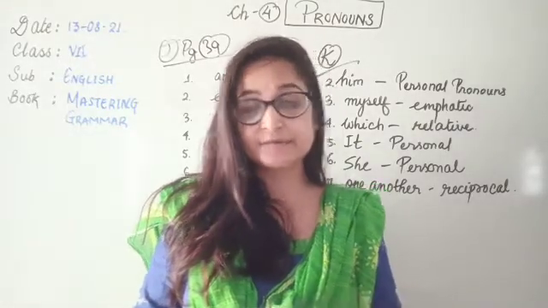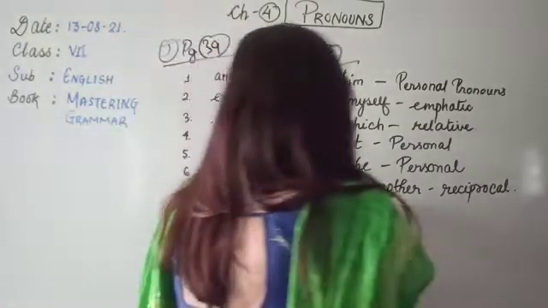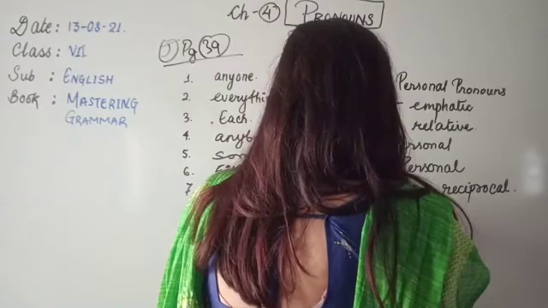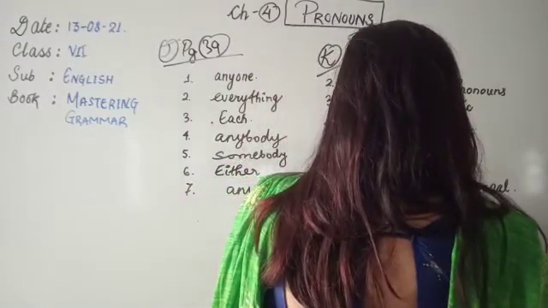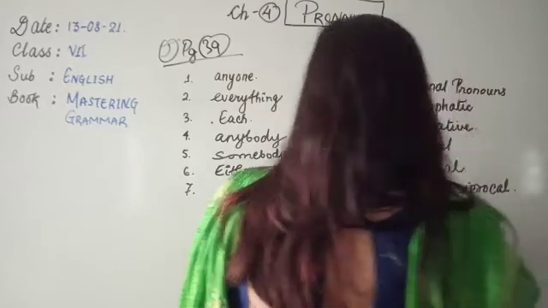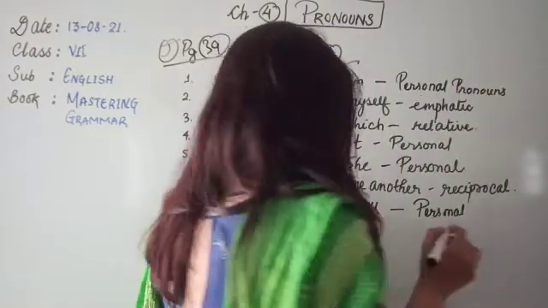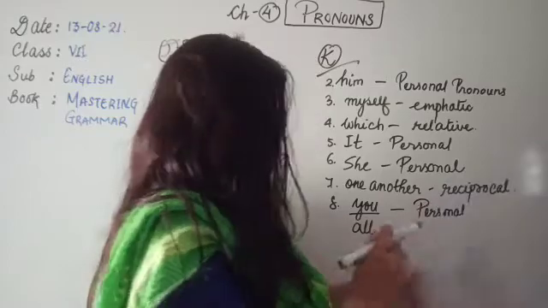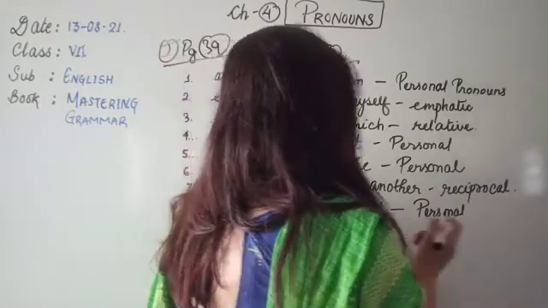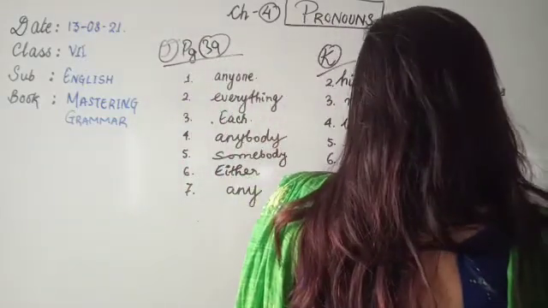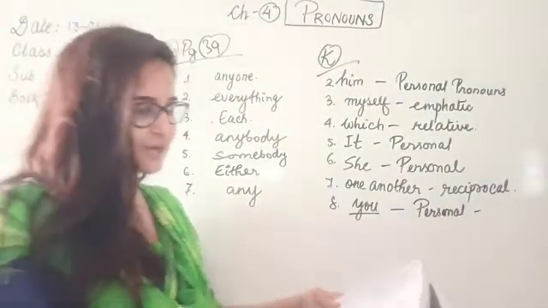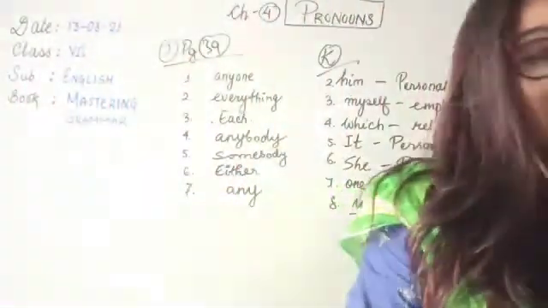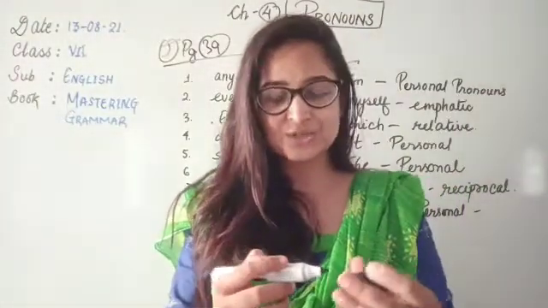Suman had got gifts for you. So this can be personal, or you could have also written all. No, we are not going to use all because it will be used twice. So personal. Okay children, with this we are done with the exercises of this chapter and also with the chapter.